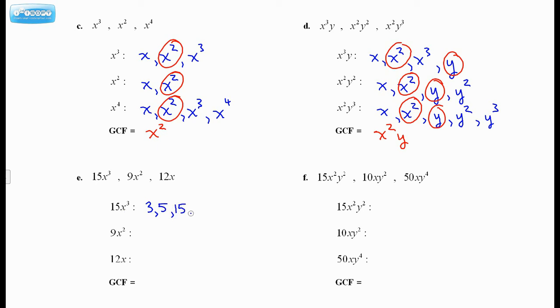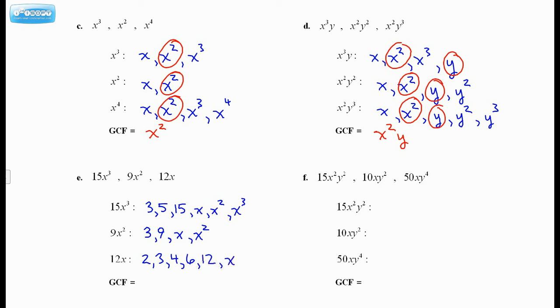And now with the x's, we have a factor of x, x squared, and x cubed. 9x squared: the factors of 9 are 3 and 9, and x and x squared. 12x: 12 has quite a few, so we have 2, 3, 4, 6, 12, and just an x.